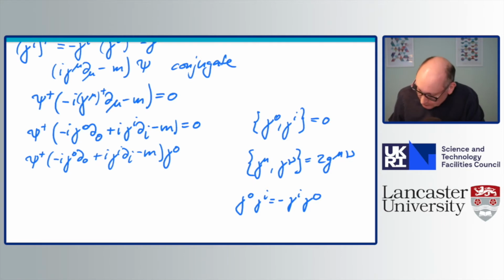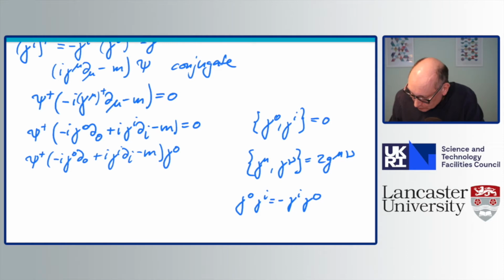Now gamma 0 doesn't depend on the position or the momentum, so it commutes through the derivatives. But if we want to move it, gamma 0, all the way to the left, it has to commute through the gamma i. When it commutes through the gamma i, it changes sign on the product.